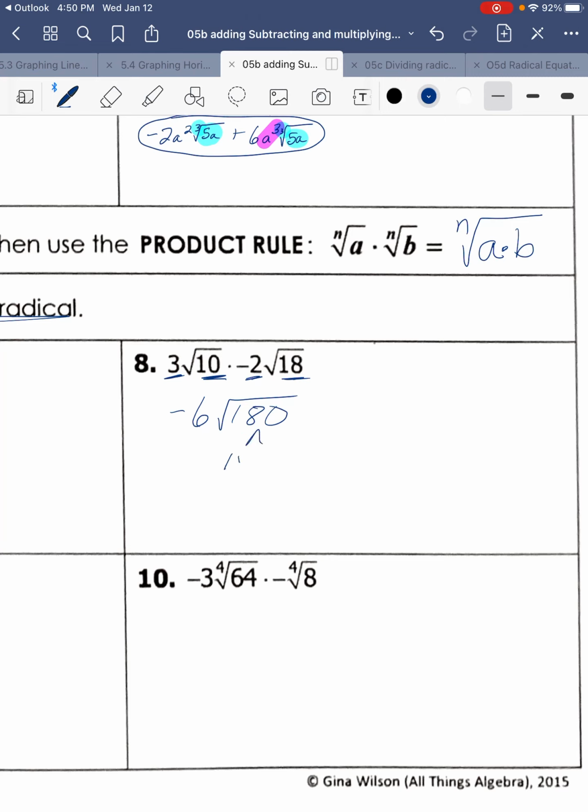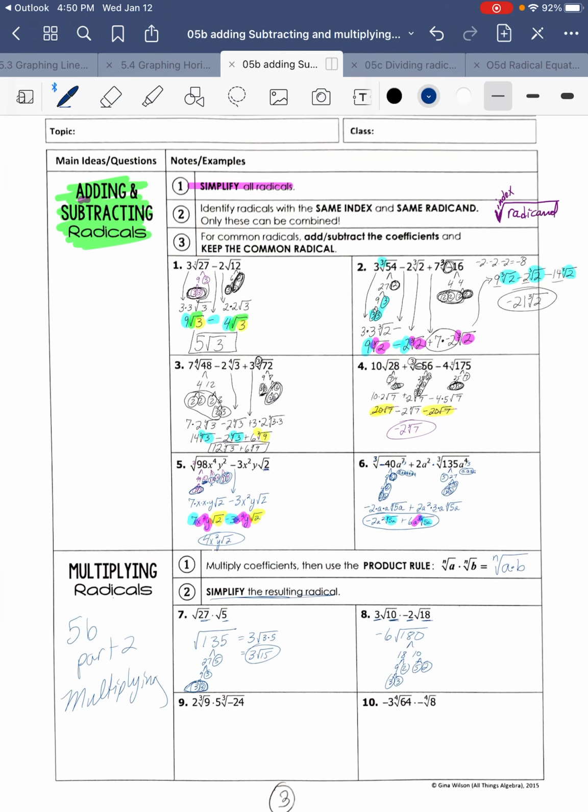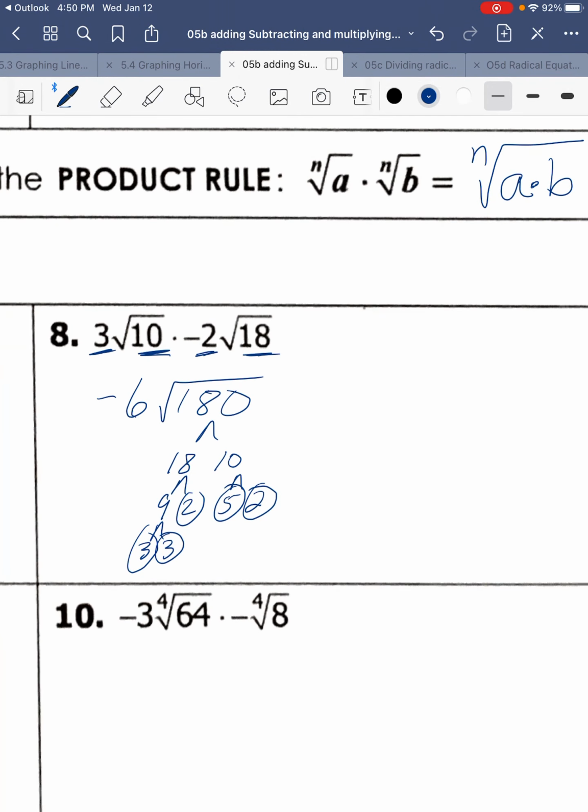Let's simplify the square root then. 18 and 10, 9 and 2, 3 and 3, 5 and 2. All right, we have their square roots, so we have a pair of 3's, so that's going to come out as 3.